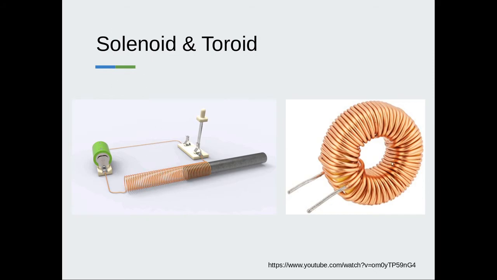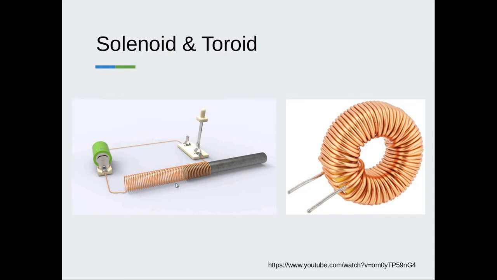This is solenoid, and we have toroid. This is toroid. And solenoid, you can see I especially picked a structure like this. The solenoid is this one. It's a loop of wires, which looks like a spring.